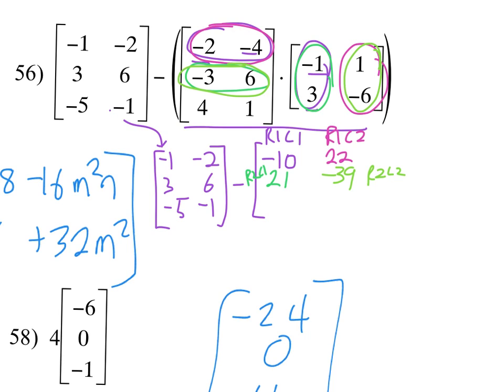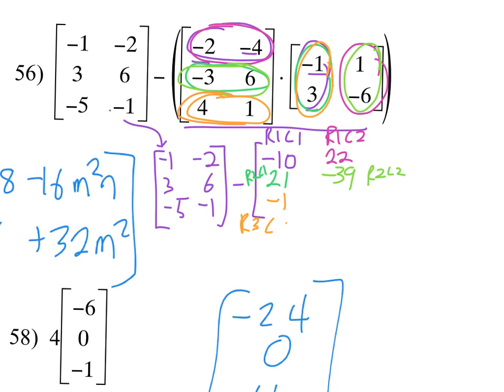Okay, I'm going to switch colors a third time. Let's go with some oranges. We get row 3. It's going to be down here. Column 1. 4 times negative 1 is going to be negative 4. 1 times 3 is 3. That's going to be negative 1. Okay.